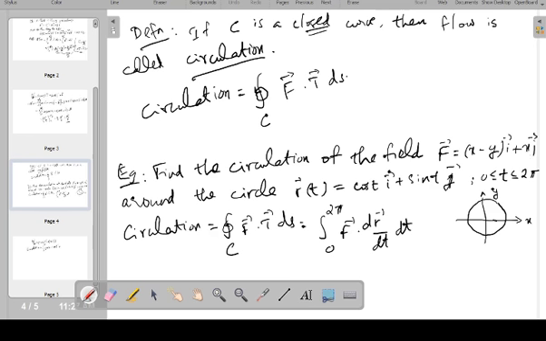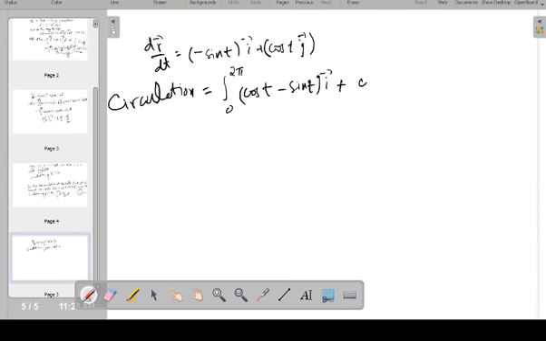But what is x of t? It is cos t. So cos t times vector j, dot product with dr by dt, which is minus sin t vector i plus cos t vector j, times dt.